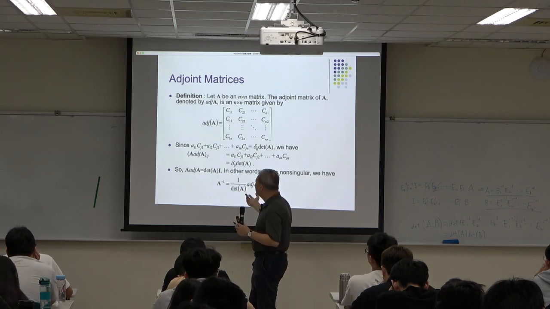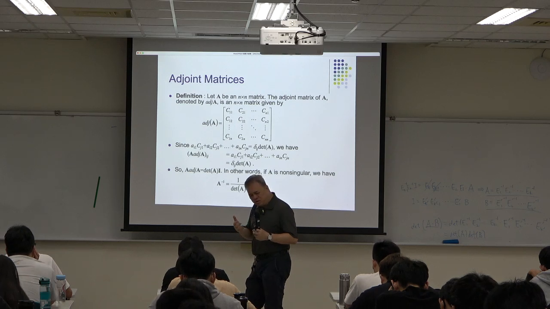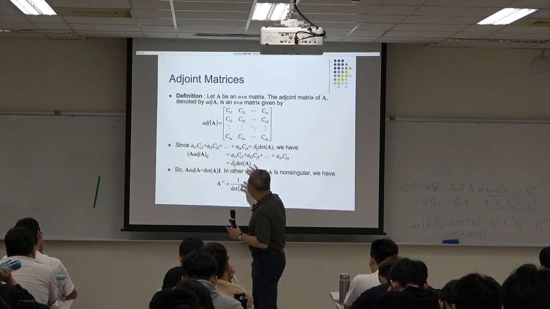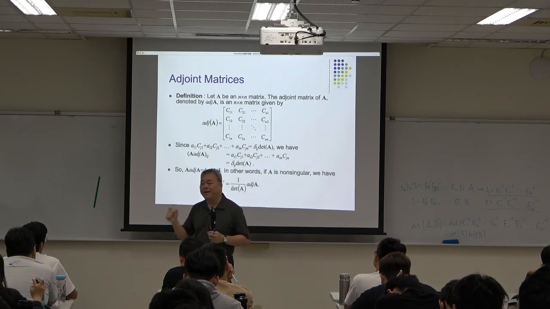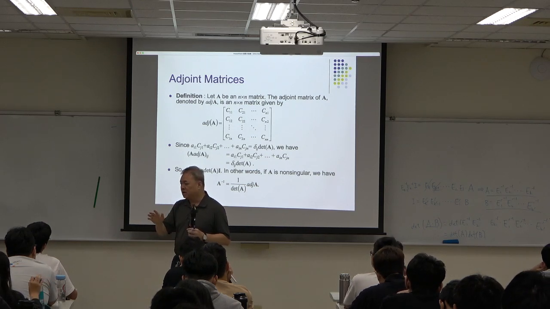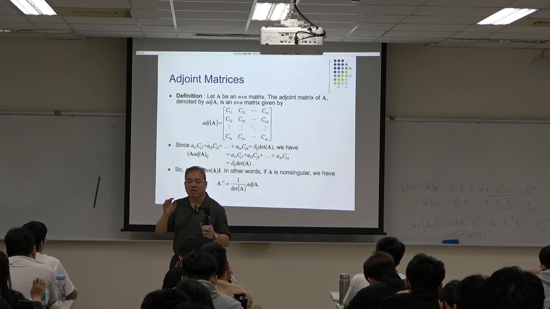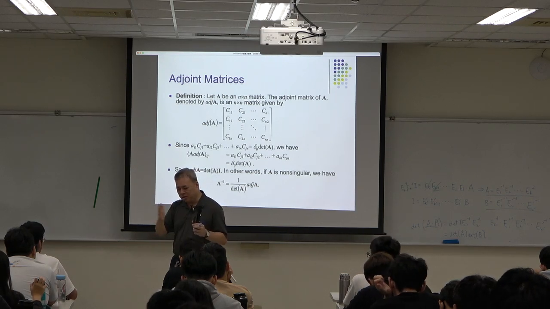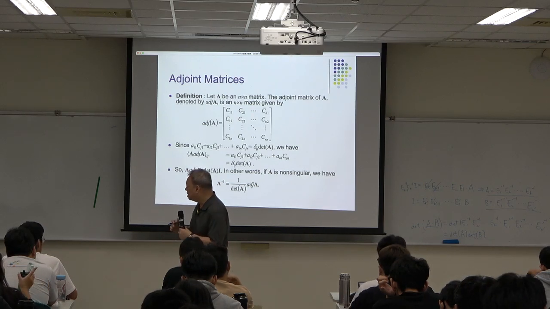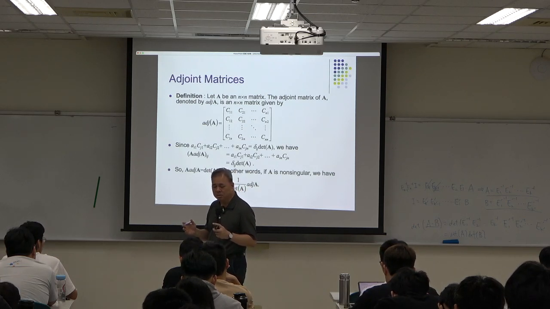That's the adjoint matrix of matrix A. I also want to remind you, every Cij is a number, a value, right? All these Cij are numerical values, because when we calculate the determinant, the things used in the middle are all numbers. So they are not matrices. They are not matrices.